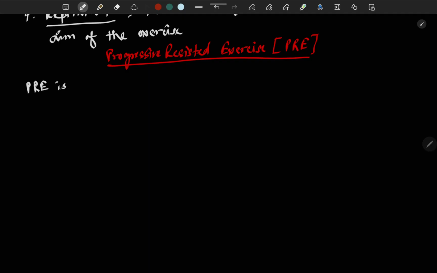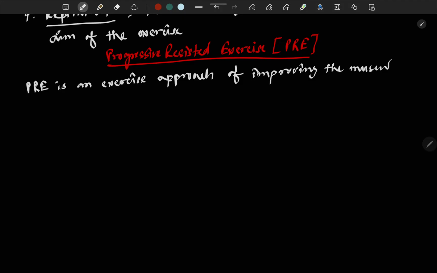PRE is an exercise approach of improving the muscular ability to generate the force.